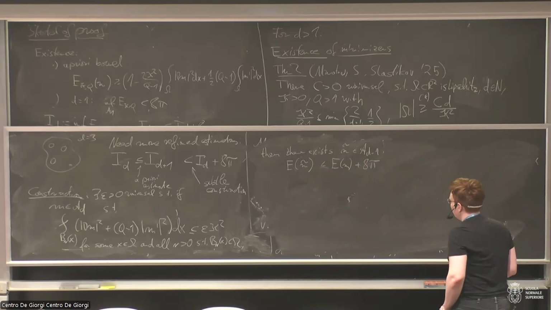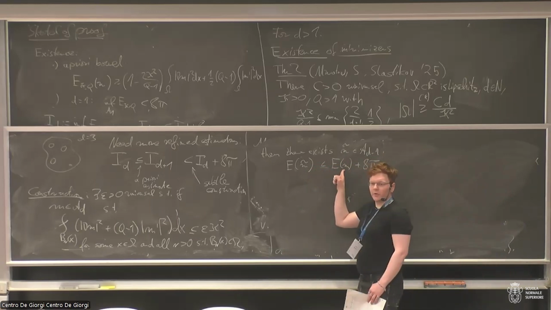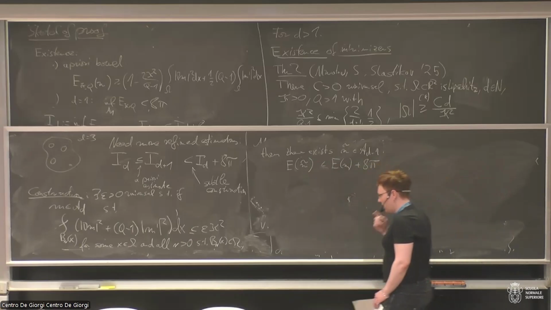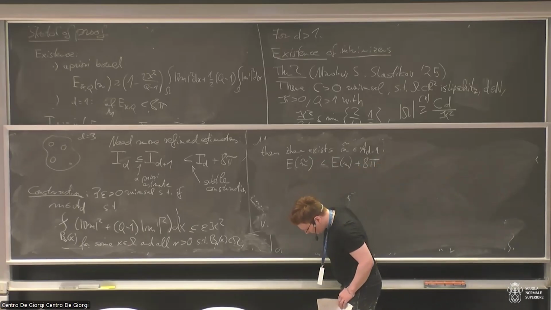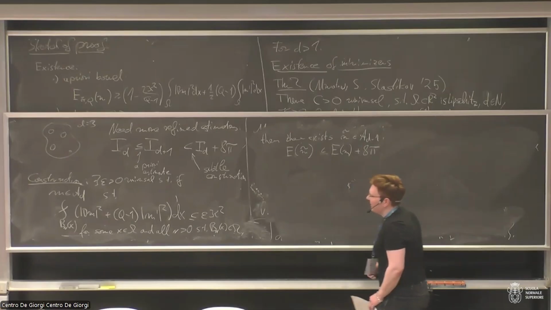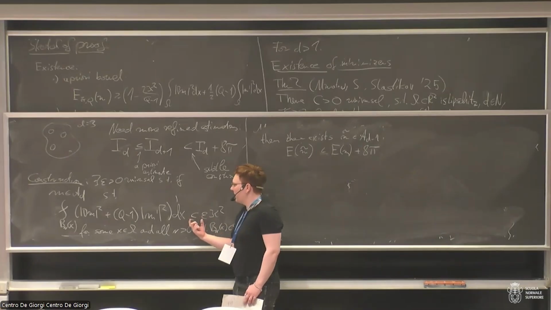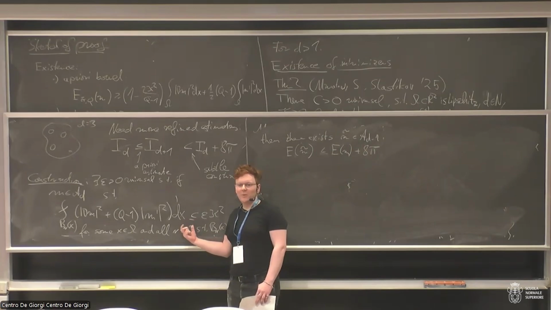And so, you take an optimizer for degree D, you plug this in, you get the strict upper bound. The problem is making sure that you can find a point where this condition holds.